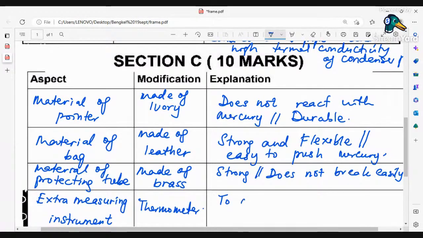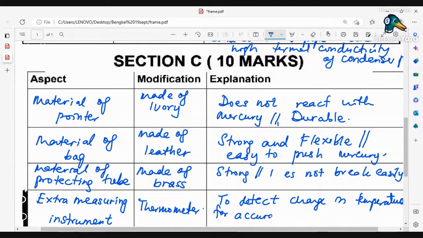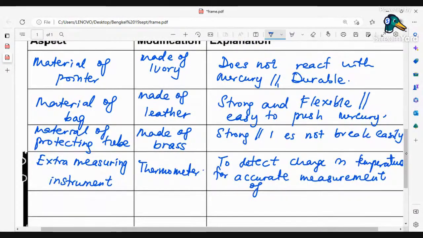Okay, to detect change in temperature for accurate measurement of pressure. Because temperature will affect the value of pressure.